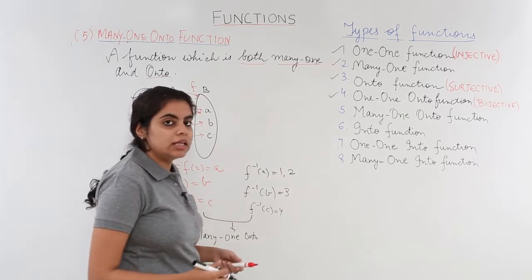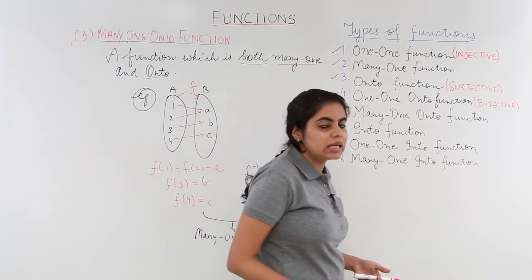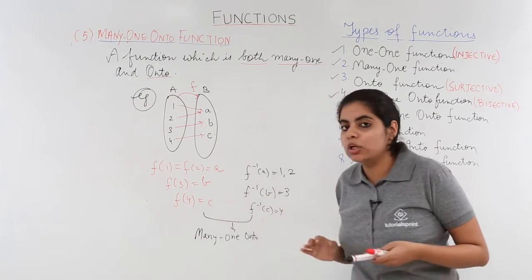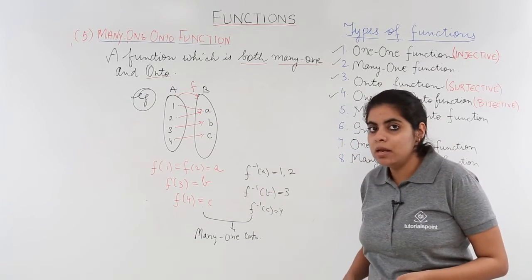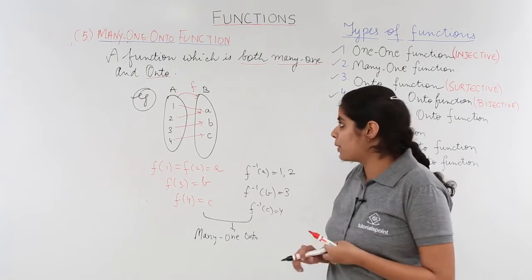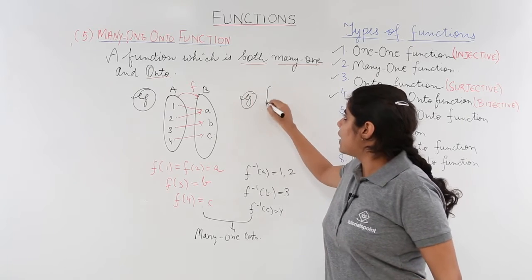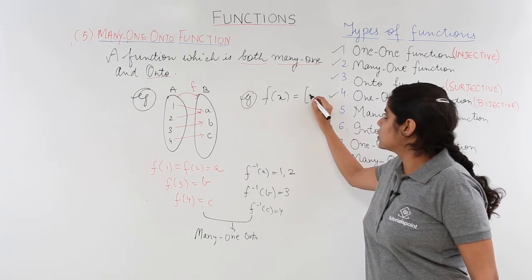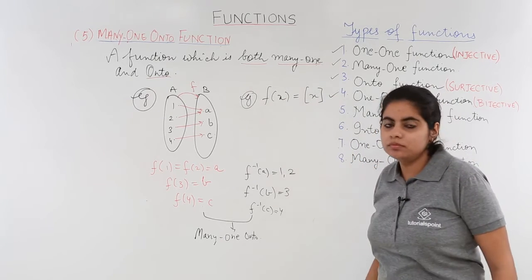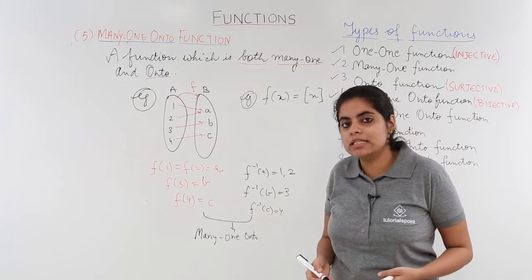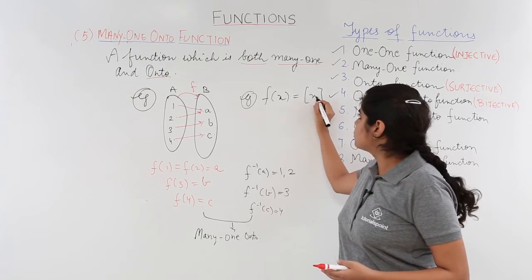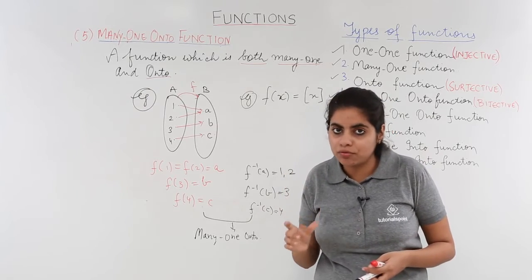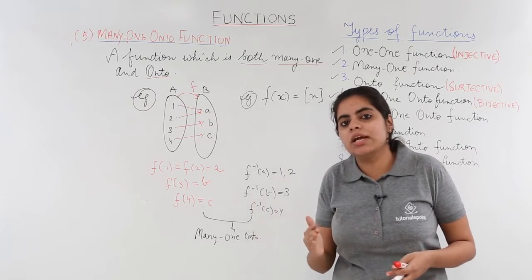Now, graphically or by arrow diagram, we have seen that this is an example of many one onto. What if I do not have an arrow diagram but some other problem or question? For example, I have this time the function f(x) as greatest integer of x. What do we mean by greatest integer function? Greatest integer function is the one wherein I always have to look at the left hand side of the number line.